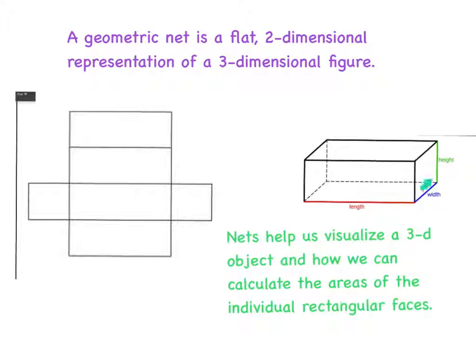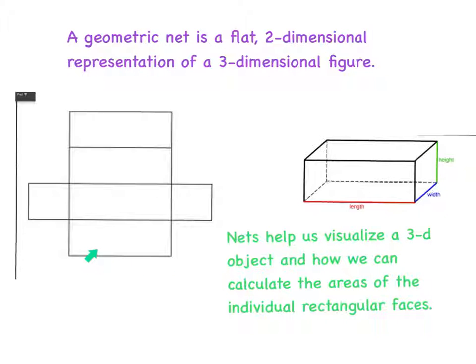When we break down a three-dimensional object, for example, this rectangular prism, and we lay it out into its net, the flattened version of itself, we can help to understand how the surface area is calculated.